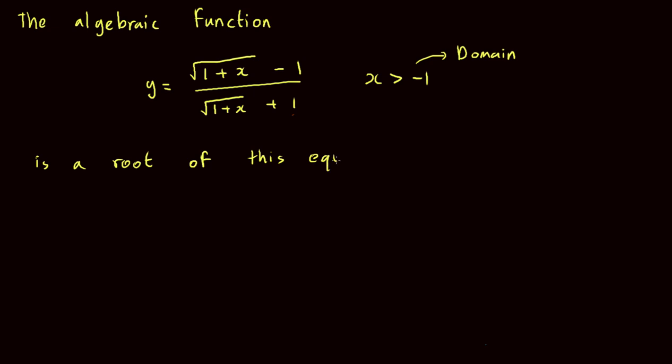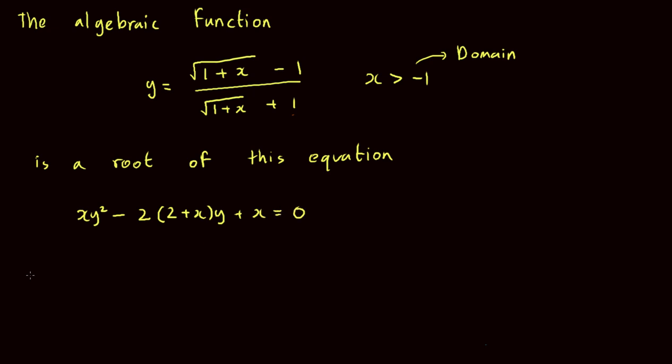so the root of this equation, x y squared minus 2 times (2 plus x) y plus x is equal to 0.